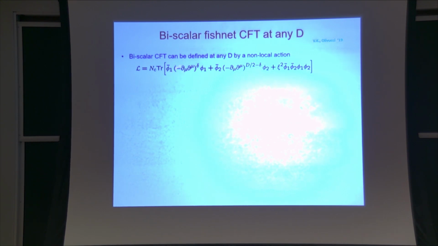It's the same action except that you take the Laplacian to any power delta, and this Laplacian in d over 2 minus delta tunes your graph to be conformal. Because then it's fishnet, with the same structure of chiral vertex, but the propagators are such that the whole graph is conformal. It's dimensionless, and one can even check that conformal transformations on the boundary prove that it's conformal.